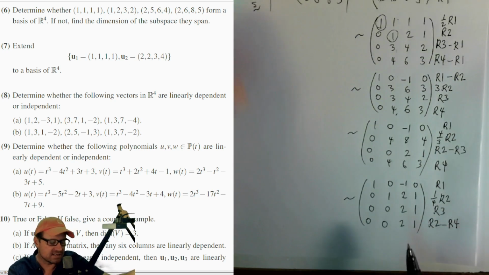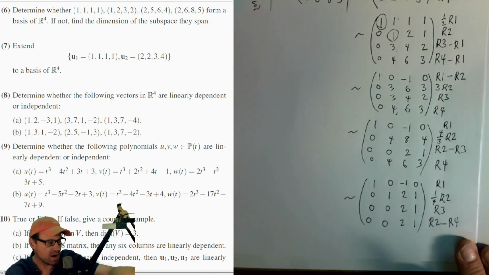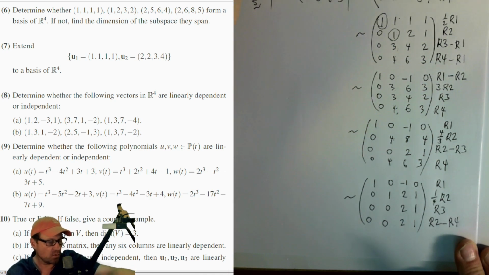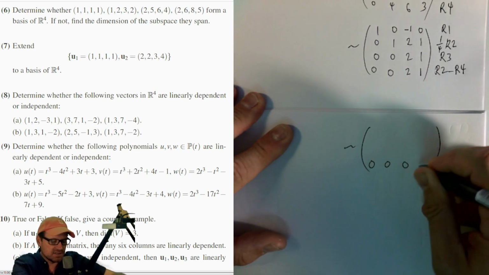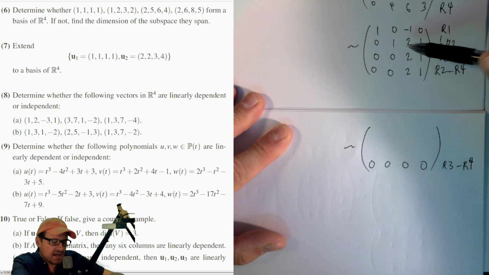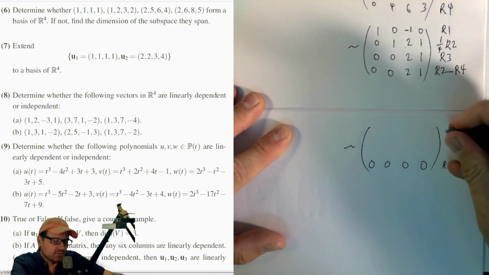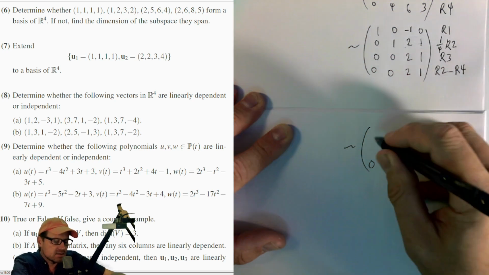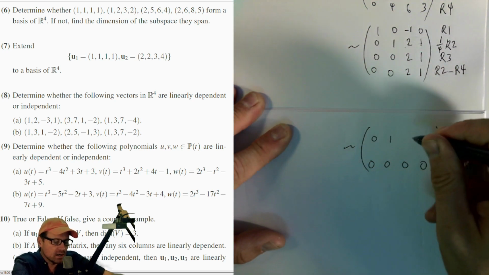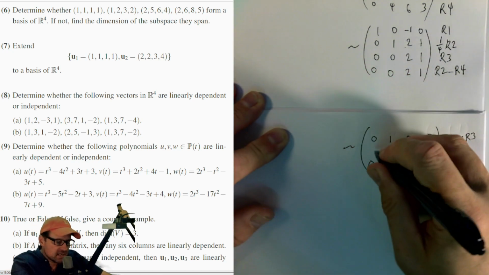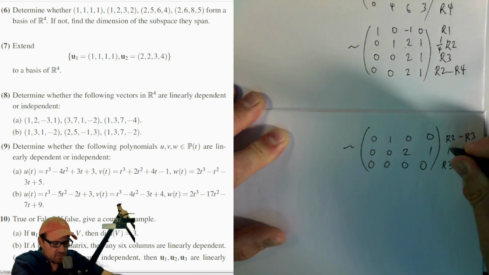Okay, next we can see that row 3 and row 4 are identical, so we can replace row 4 with row 3 minus row 4, and that's how we get all zeros down the bottom. Also we can see that we can get zeros right here by replacing row 2 with row 2 minus row 3. So we'll get 0, 1, 0, 0. And then let's keep row 3 as is for a moment.